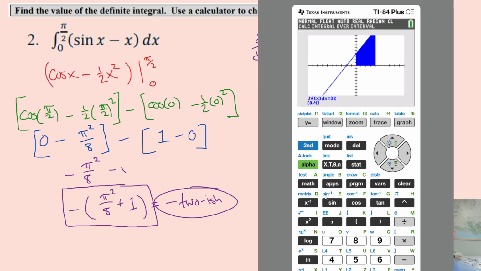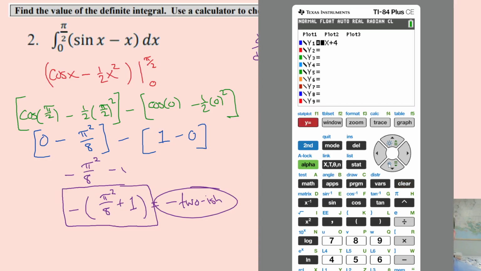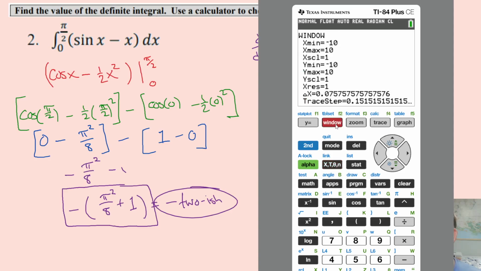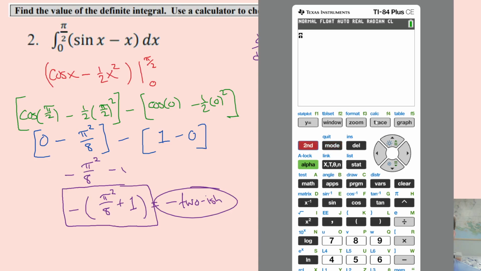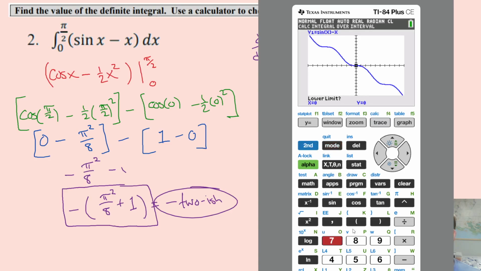So bringing that guy back, clearing, going to y equals, entering the function, it's sine of x minus x. And before I do anything, I'll just double check I am in radian mode, which is good because pi over 2 is pretty obviously radians. But now what do I do? I go to second calc, option 7.